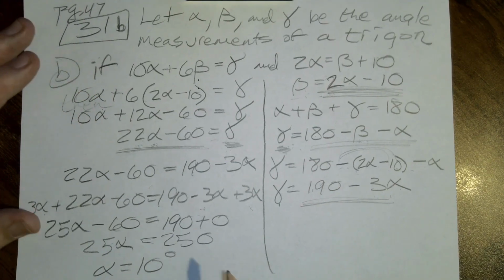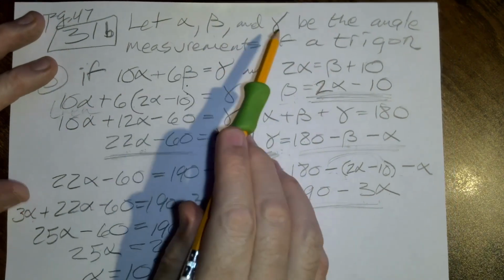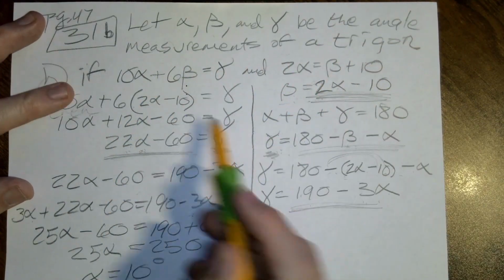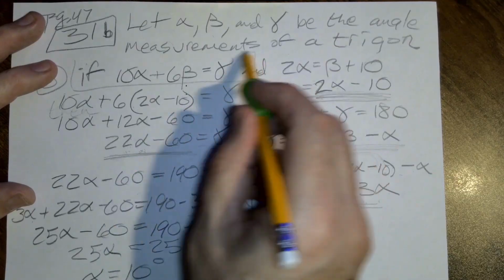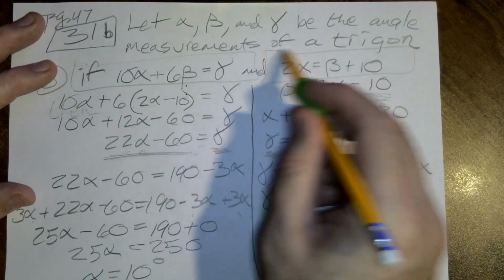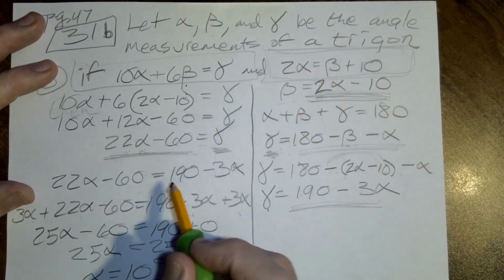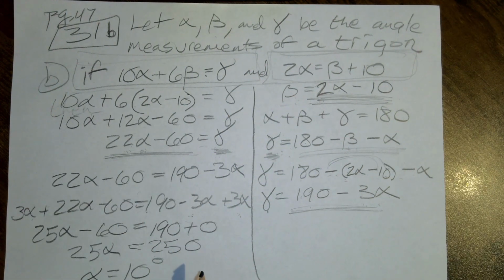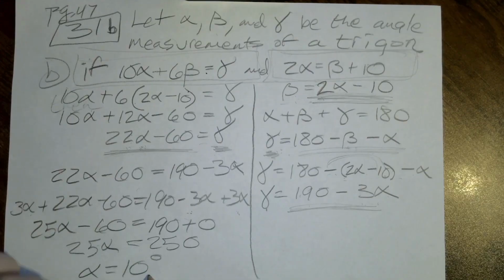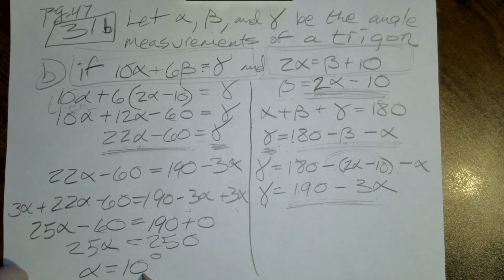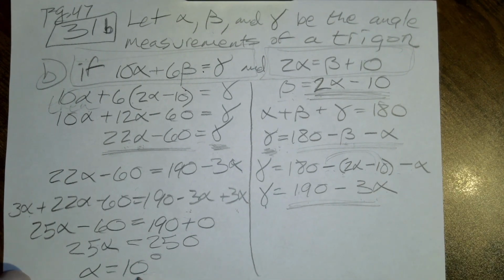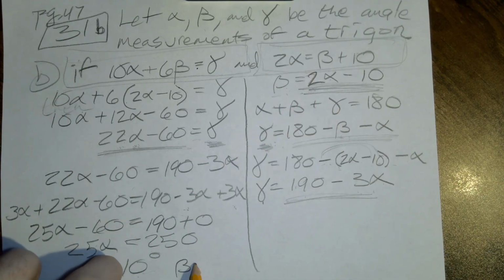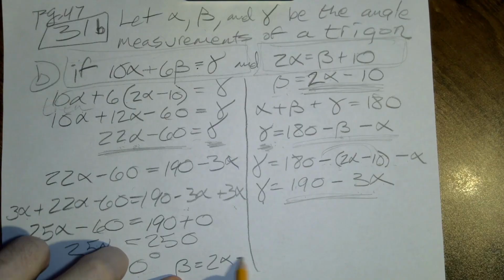Okay, so the question is, let alpha, beta, gamma be the angle measurements of a trigon. If we have these relationships between the angle measurements, what can we conclude about this trigon? Well, let's see. If alpha is 10 degrees, then beta is twice alpha minus 10.